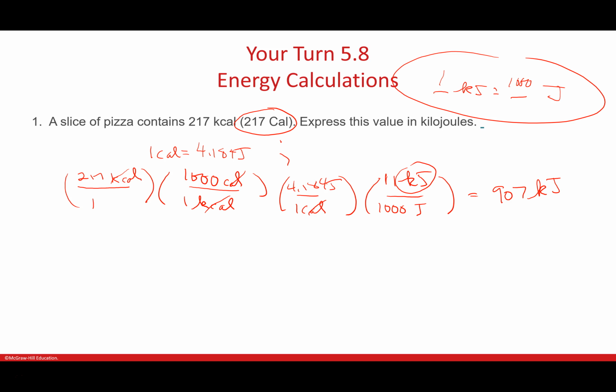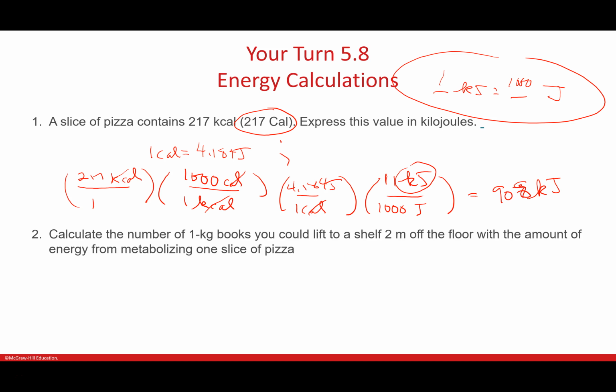Okay, so the follow-up question looks like this. You eat the pizza, how many 1 kilogram books can you lift off a shelf, but it's not just 10 centimeters, it's 2 meters. Depends on how strong you are.